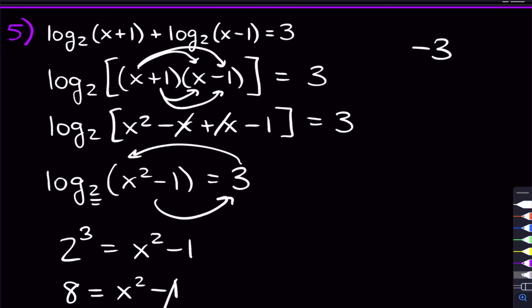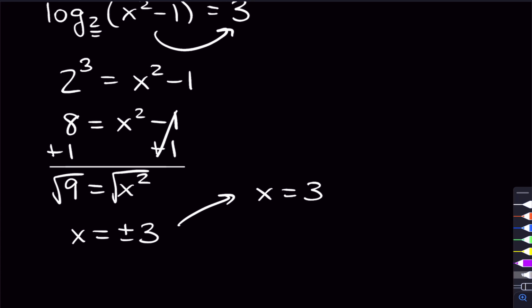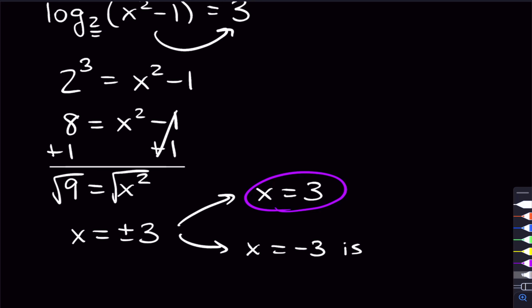So if we plug in negative 3, right away you can see we get negative 3 plus 1 inside the first log. That's a negative number, so no, we can't have that. And so the solution isn't plus or minus 3. x equals 3 is our only solution. x equals negative 3, not so much. So we can say x equals negative 3 is extraneous.